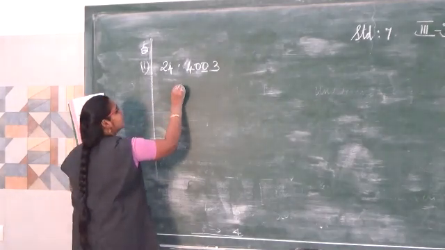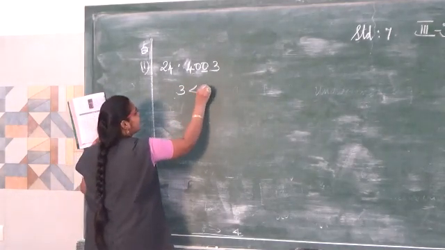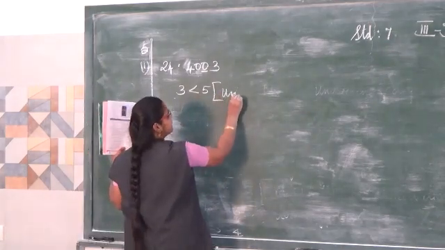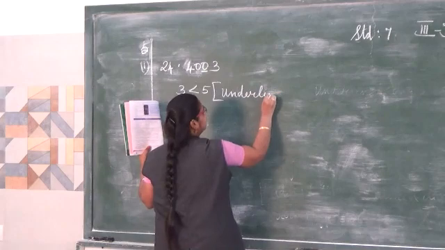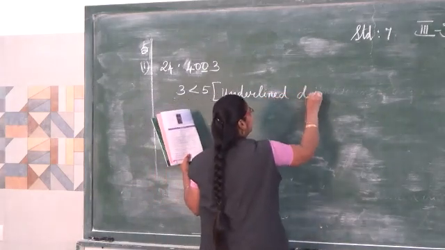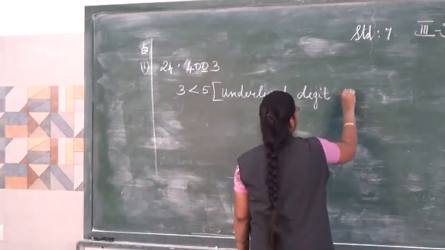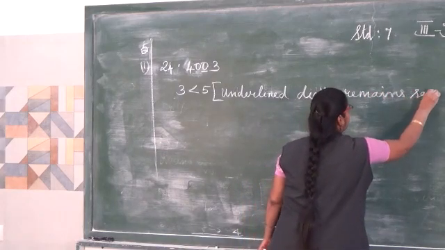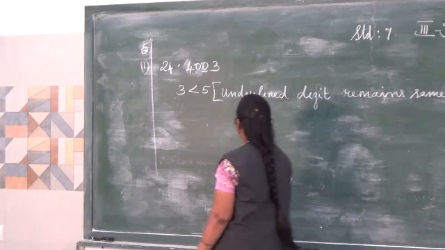So 3 is less than 5, which means the underlined digit remains the same.